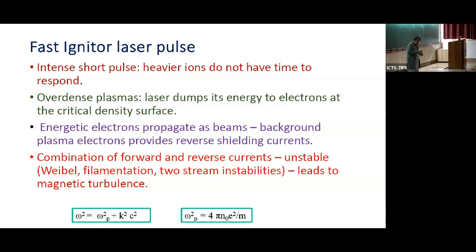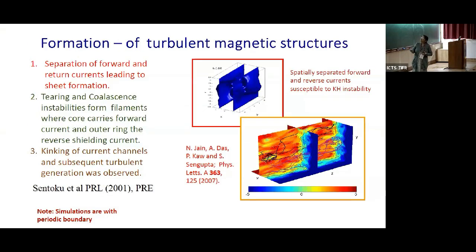So that's the idea. And it was in the early 2000s that 3D simulations by Sentoku in Japan showed that there is a separation of forward and return currents, leading to magnetic sheet formation, which ultimately, through tearing and coalescence instabilities, leads to a current filament.